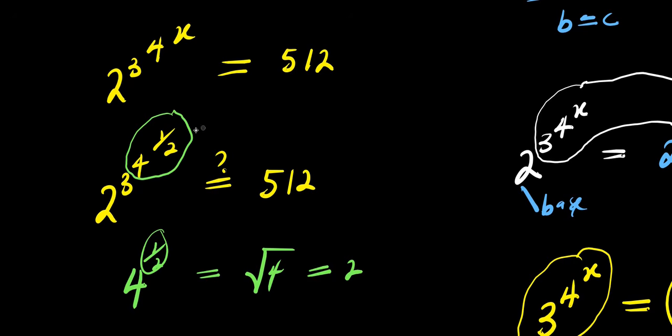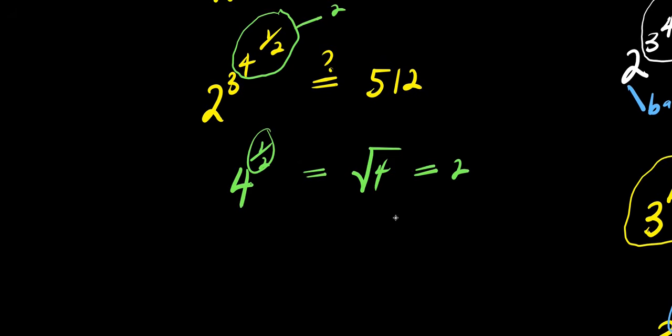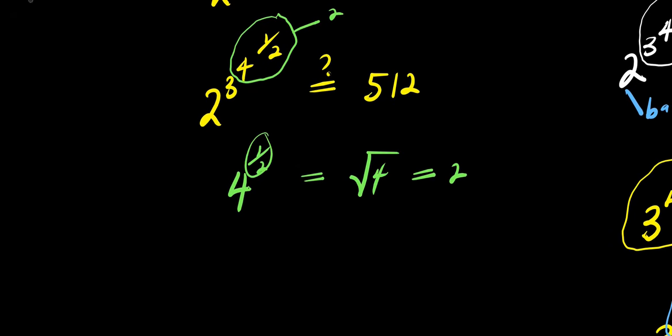So this 4 power 1 over 2, we can replace it with 2. Now, what we are going to do next is to simply have this as 2 to the power of 3 to the power of 2, and this equals 512.